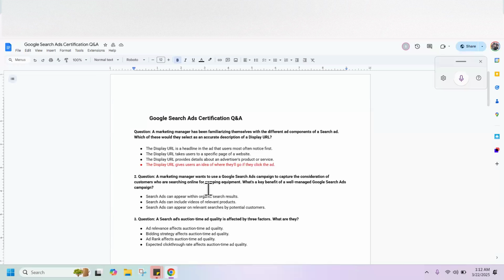What's a key benefit of a well-managed Google search ads campaign?